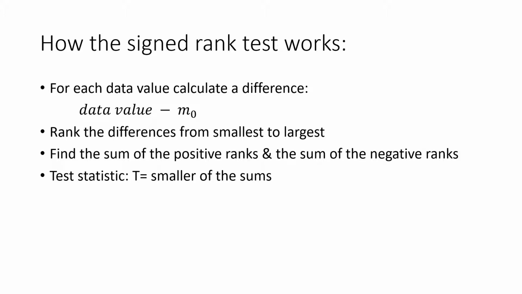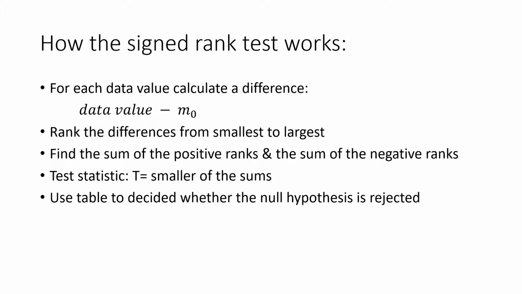Then the test statistic, which we call t, is going to be equal to the smaller of those two sums. We'll use a table to decide whether or not the hypothesis is rejected. And finally, once we know that, we'll make an appropriate conclusion in context.